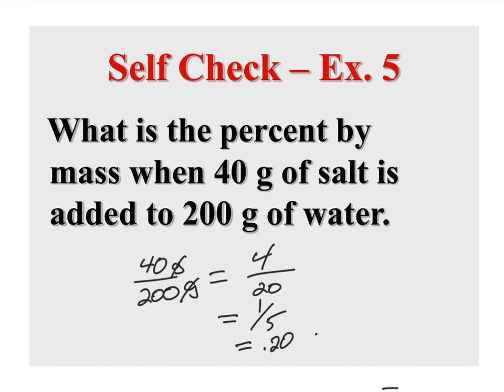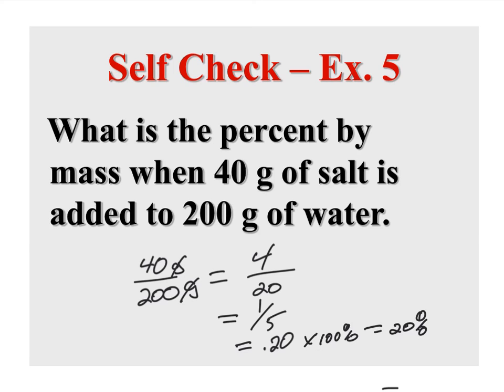Times 100, because we have to make it a percent. Percent equals 20%. So 4 over 20 is 20%. 1 over 5 is 20%. If it was 1 over 4, it'd be 25%, right? But it's 1 over 5, so it's less of a percentage. All right. So that's really just that simple, right? It's just dividing and then multiplying by 100.